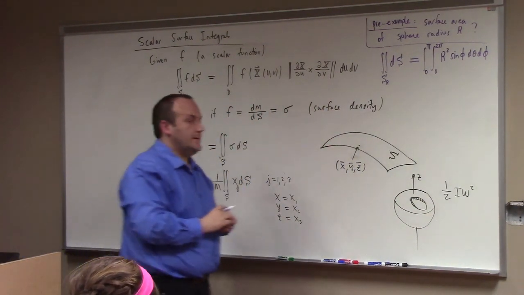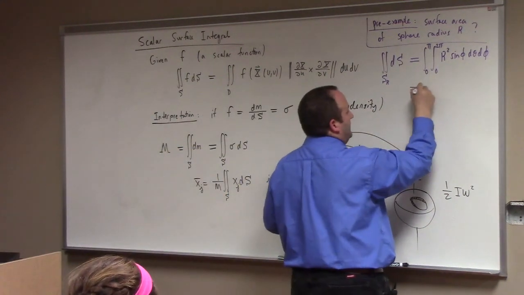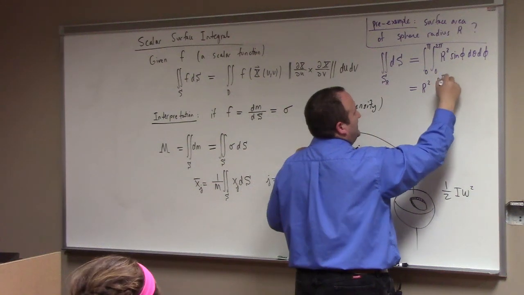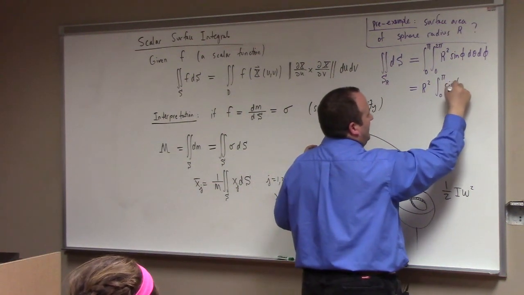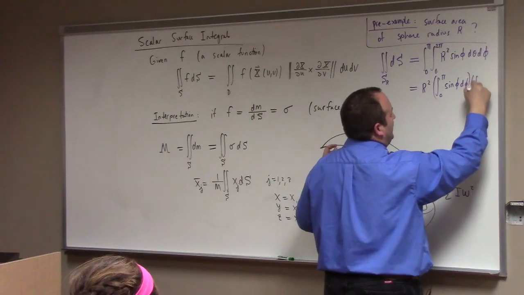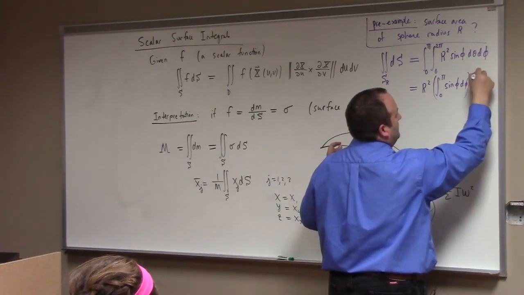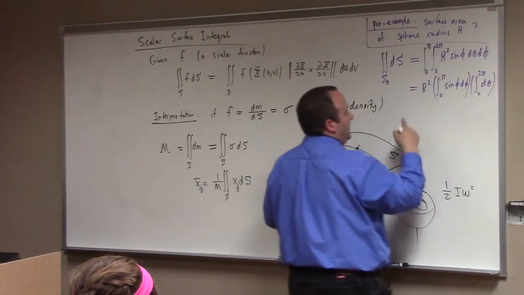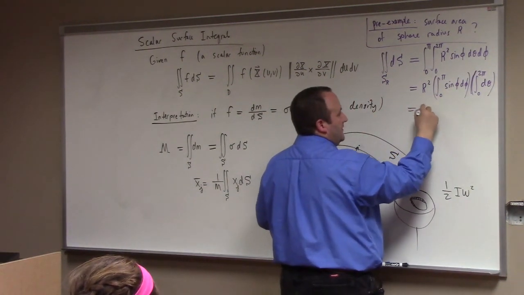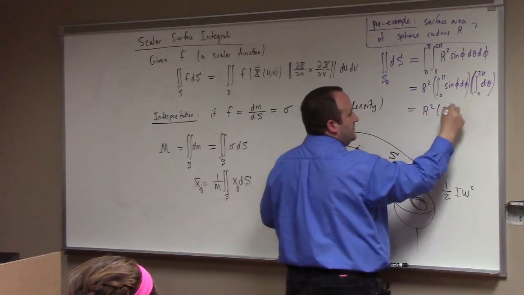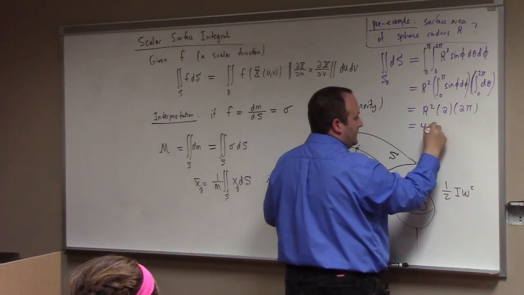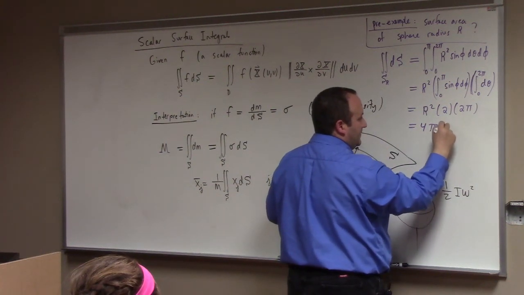And so we can pull r squared out, and then we've got the integral from 0 to pi. We've done stuff like it before, but that integral works out to r squared times 2 pi. In other words, the surface area of a sphere is 4 pi r squared.